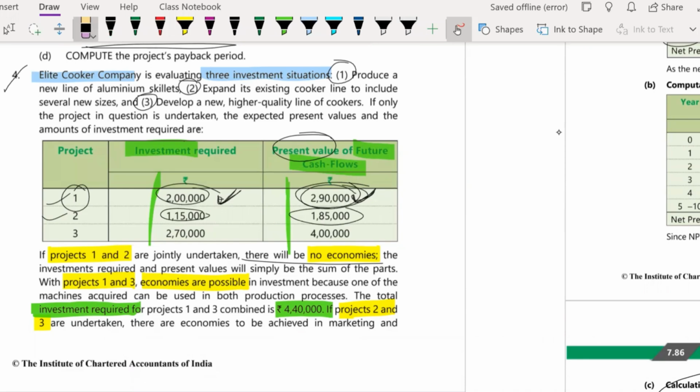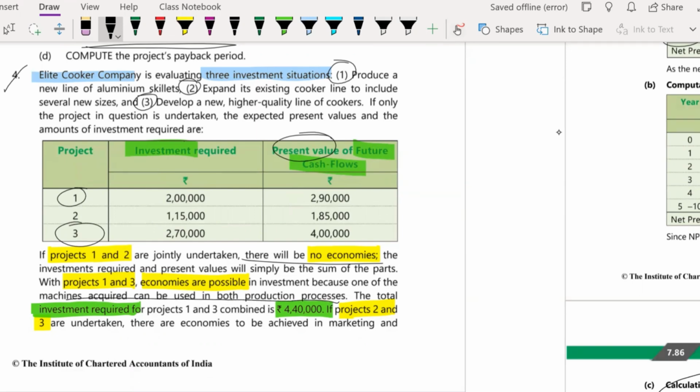Now next, if you take up project 1 and project 3, economies are possible. There will be some benefits. Because one of the machines acquired can be used in both production processes, the total investment required for project 1 and 3 combined is 4,40,000.